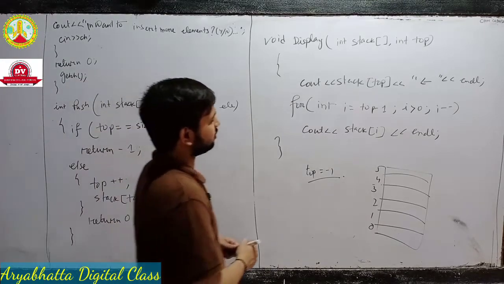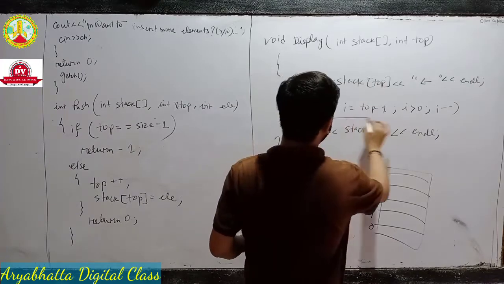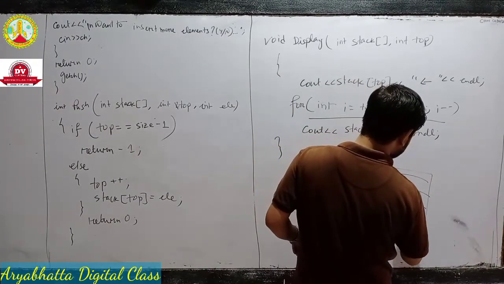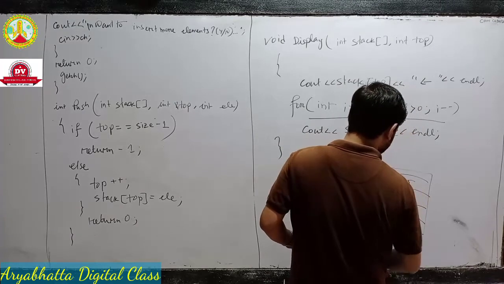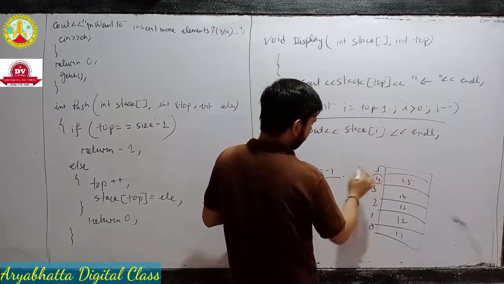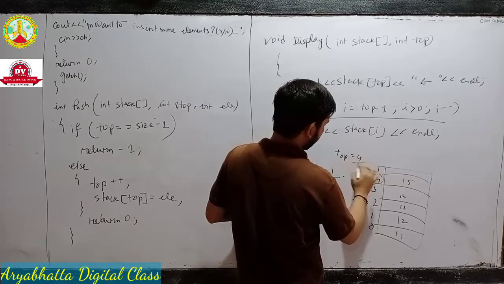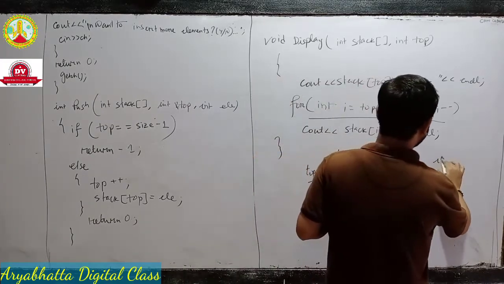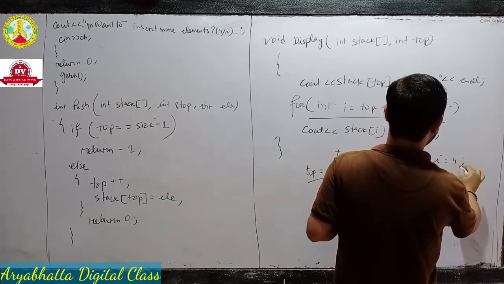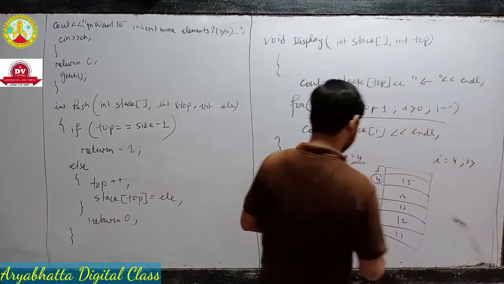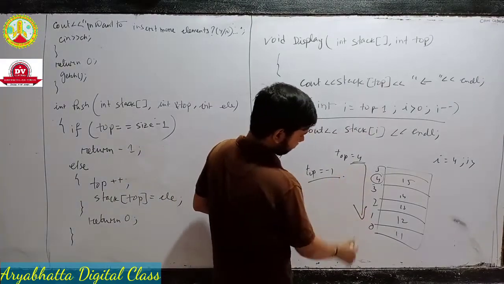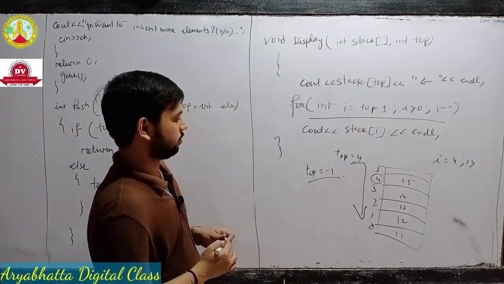Okay. In here you see, we use a decrement loop because of this. So this is the element we inserted: 12, 13, 14, 15. Okay, it means your top will be what? Top will be now 4. Top will be 4. Okay, it means your i will be 4. We go to this side for insertion.